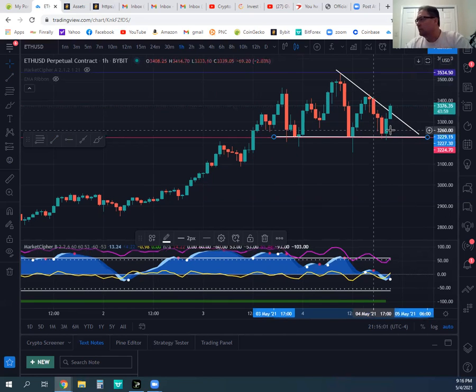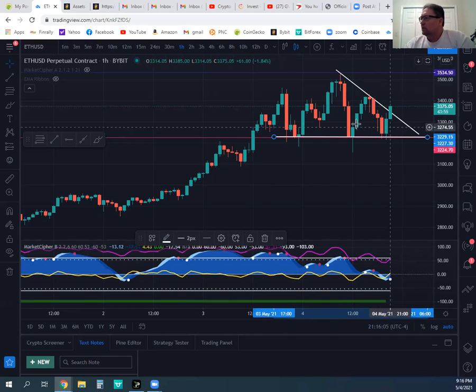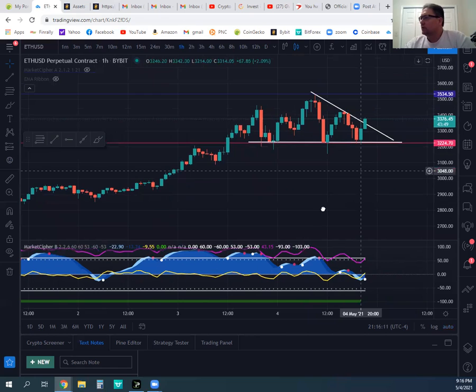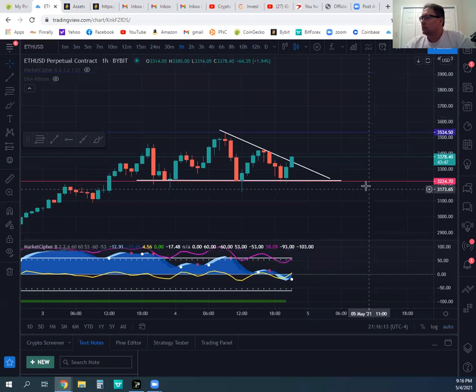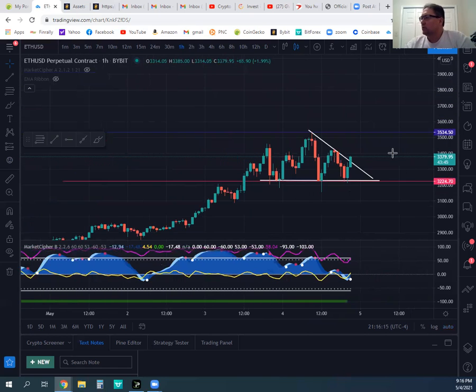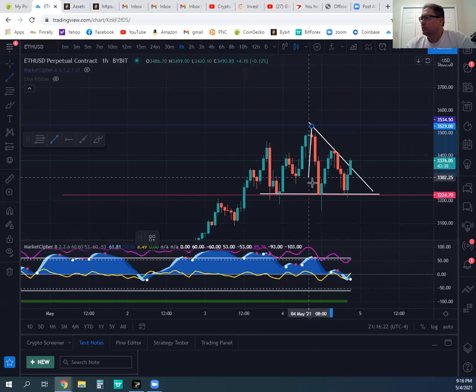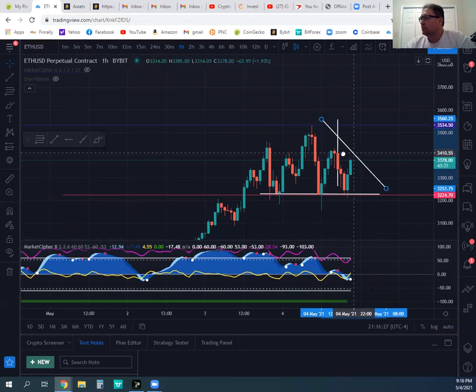It looks like right now we're breaking out. If we want to set targets on this, we could put this down here, put this up some. This would be up here to down here. The breakout point is here.